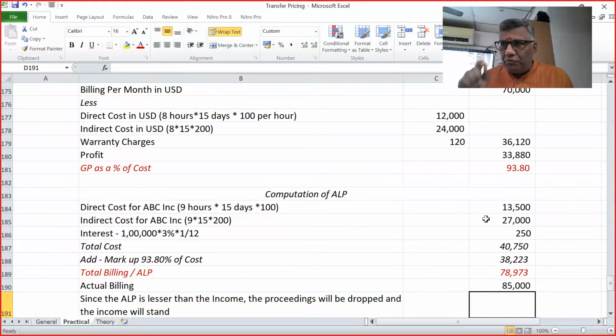I need 50% profit. My billing should be 1,500. That 1,000 might have interest, manufacturing cost, processing cost, everything. 50% of my cost should be my profit. I need 1,500, all costs put together.